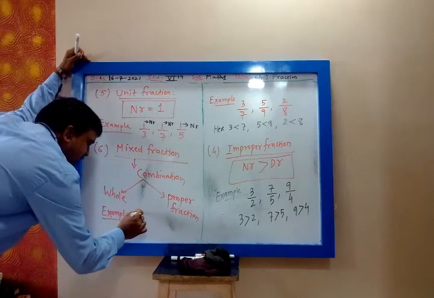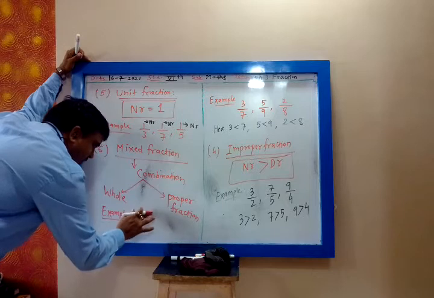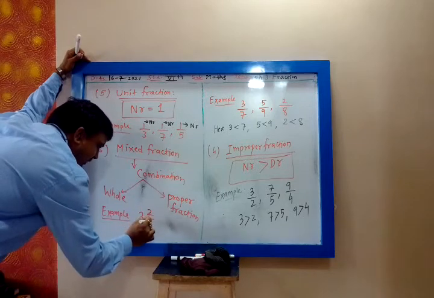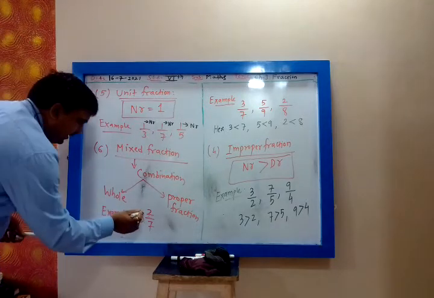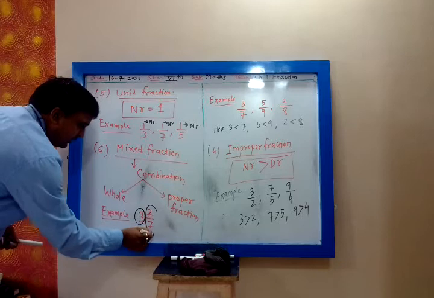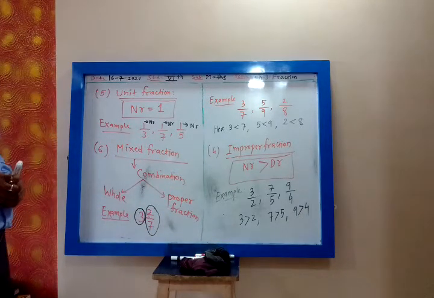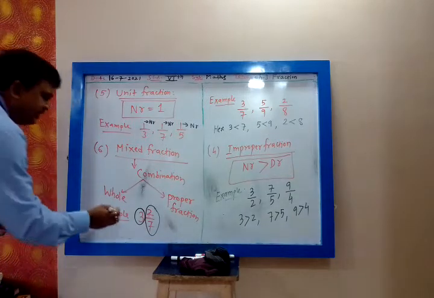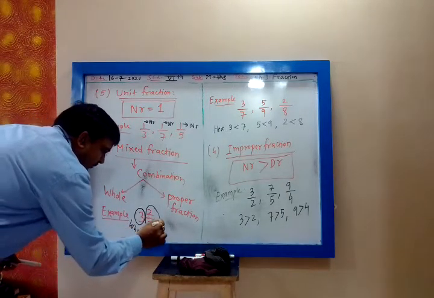For example, 3 and 2 by 7. Let me tell you, what is my 3? 3 is a whole number, correct? And 2 by 7 is a proper fraction. So 3 and 2 by 7 is a mixed fraction, because it is a combination of a whole number and a proper fraction.